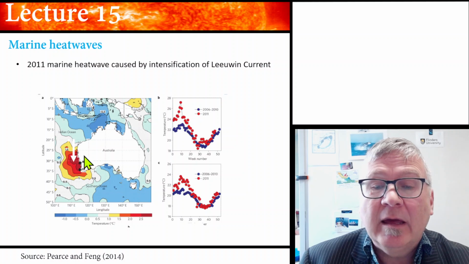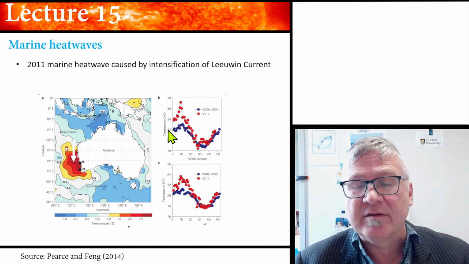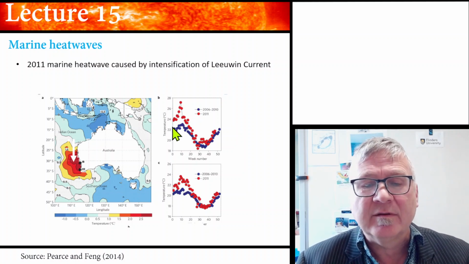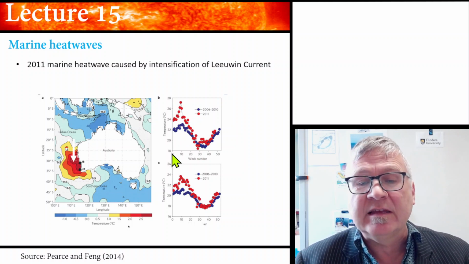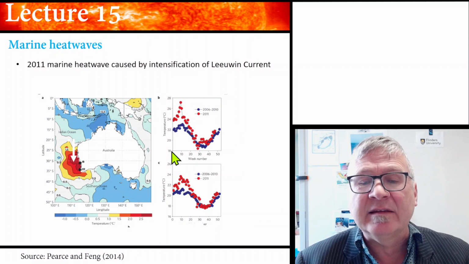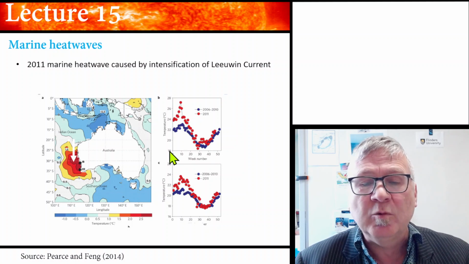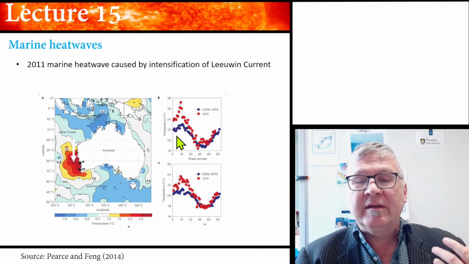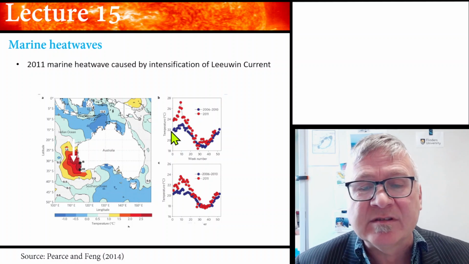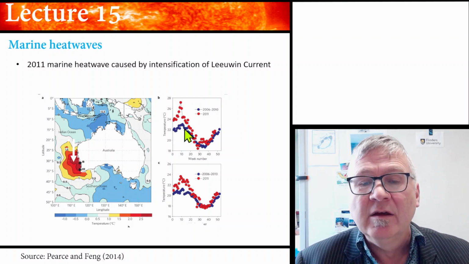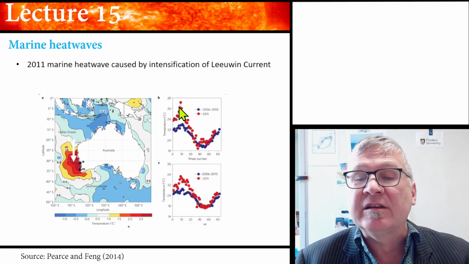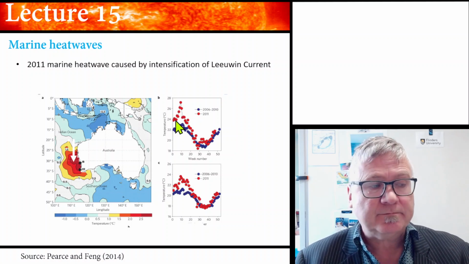And it shows you a time series, in terms of week numbers. It starts at the beginning of the year and goes to the end of the year, and it shows you the average of the years 2006 to 2010. It's the blue dots here, and the red dots are the year 2011.